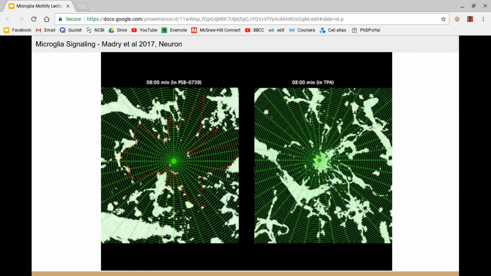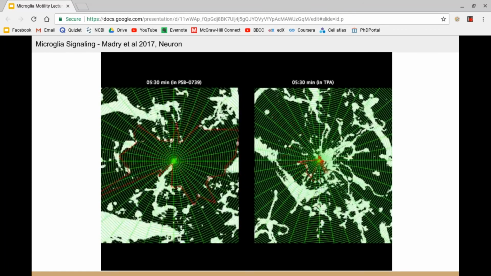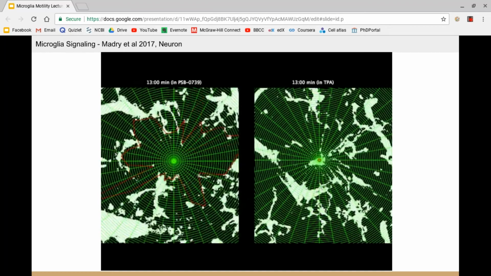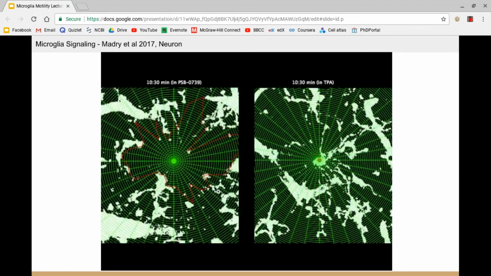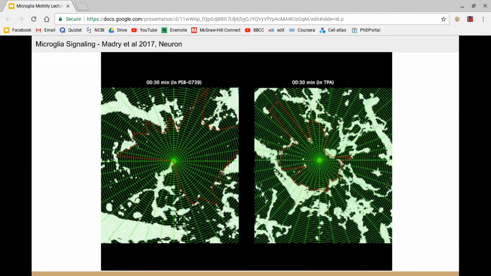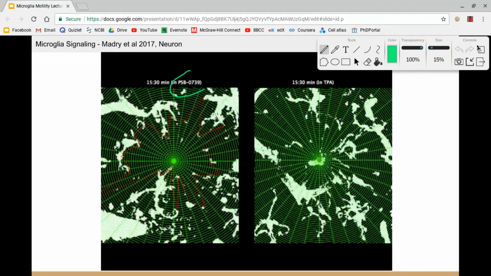In this video, we're seeing microglia in two different conditions. We're seeing the activation of microglia through the addition of ATP again. We see on the left slide what happens when PSB is administered.